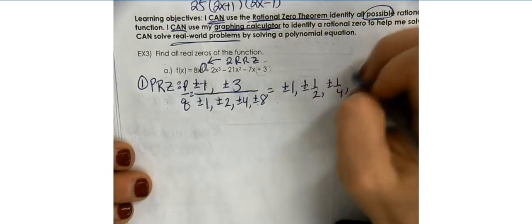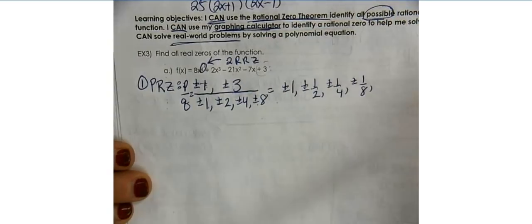So that's going to be 1 over 1, which is plus or minus 1, 1 over 2, which is plus or minus 1/2, 1 over 4, which is plus or minus 1/4, and 1 over 8, which is plus or minus 1/8. Then I have 3 over 1, which is plus or minus 3, 3 over 2, which is plus or minus 3/2, 3 over 4, which is plus or minus 3/4, and 3 over 8, which is plus or minus 3/8.